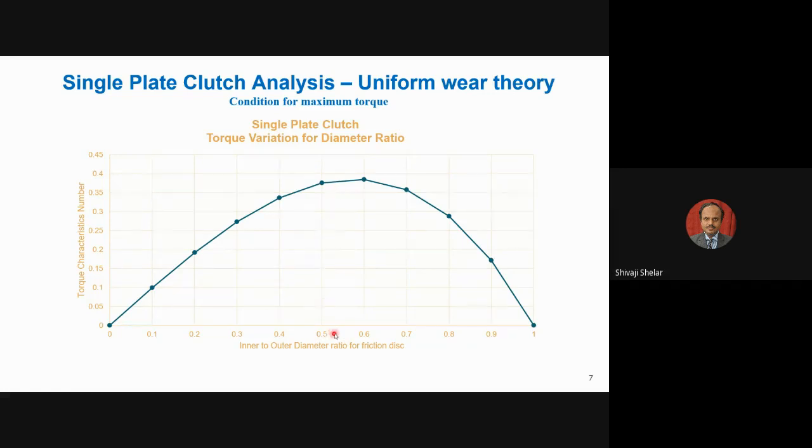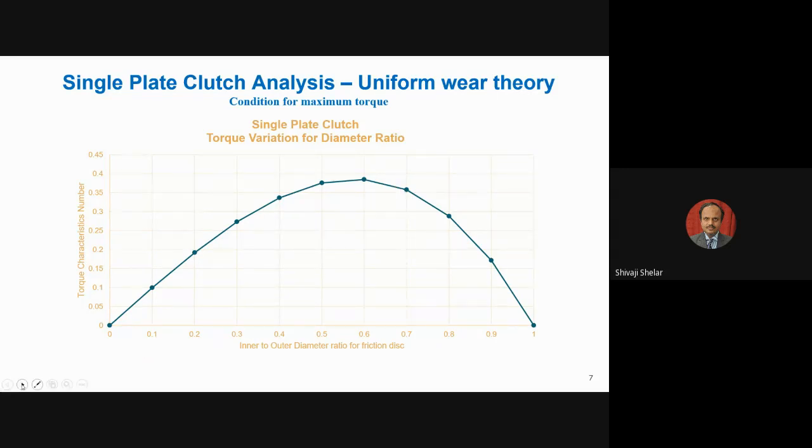If your radius increases, this factor will come here. So there is a chance your torque carrying capacity value will increase if you select the lower value here. If you select the higher value of y and your inside radius wears out, then your ratio will come here, and there is a chance your torque carrying capacity will decrease.